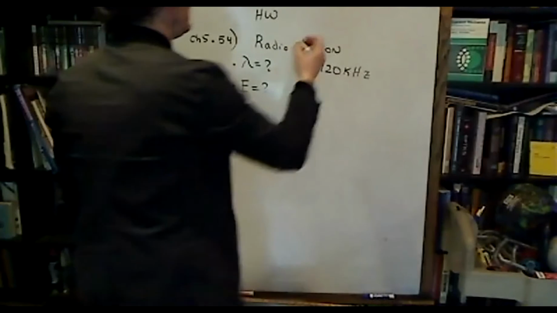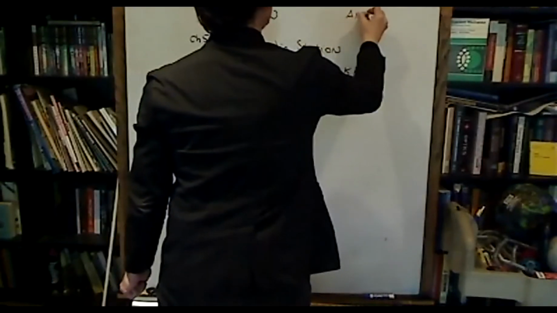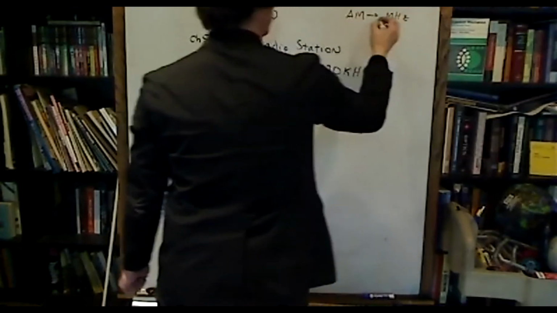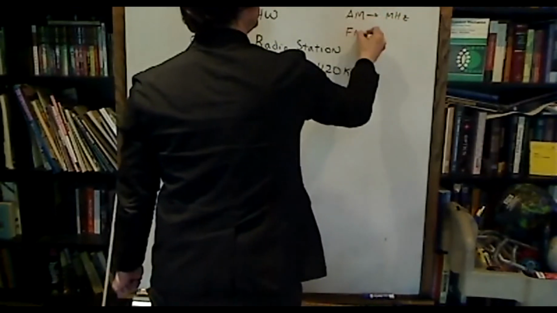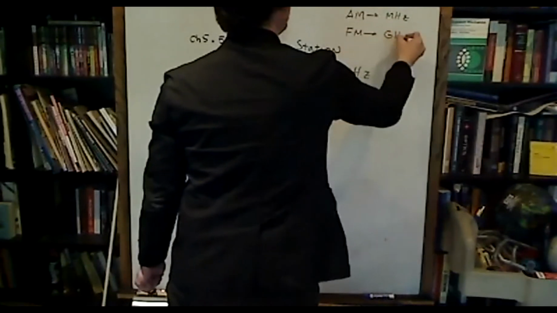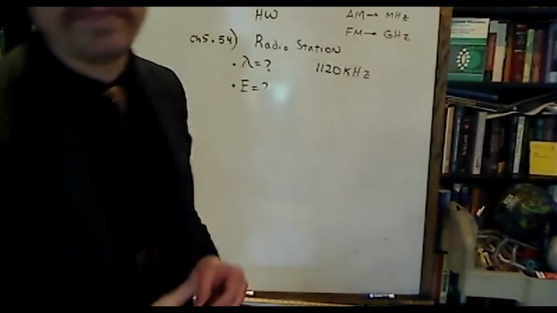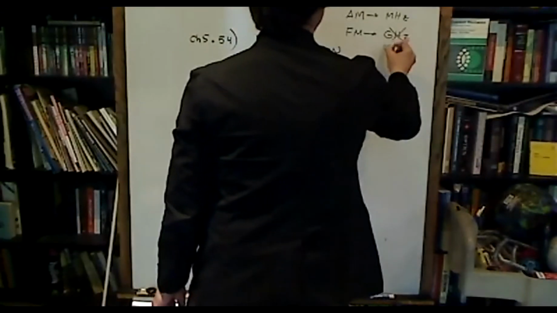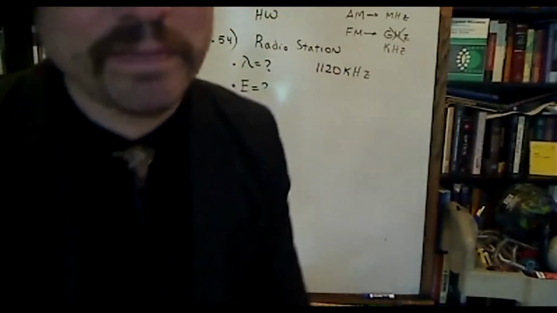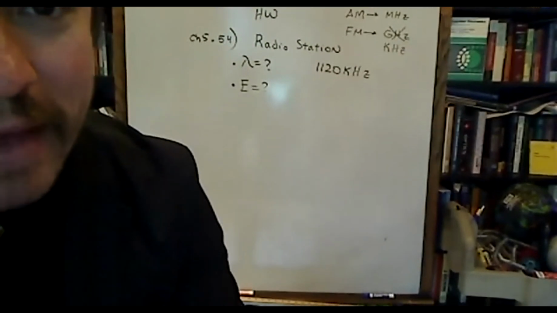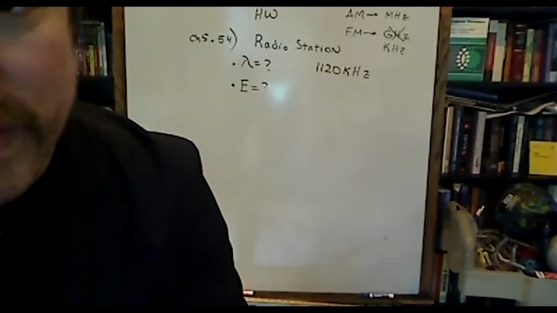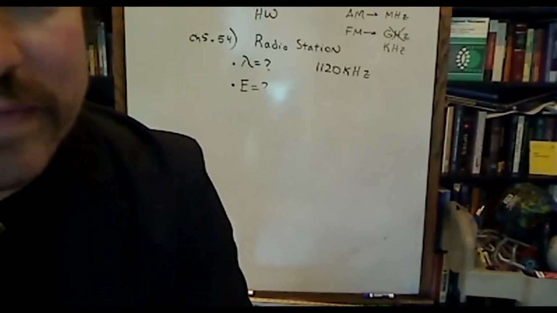Earlier in the lecture, I told you that AM stations broadcast in the megahertz range and FM stations broadcast in the gigahertz range. Now that I'm thinking clearly, I have no idea why I said that. FM stations broadcast in the kilohertz range. But it took this problem for me to remember my error. Do you guys notice that? Well, just take my word for it.